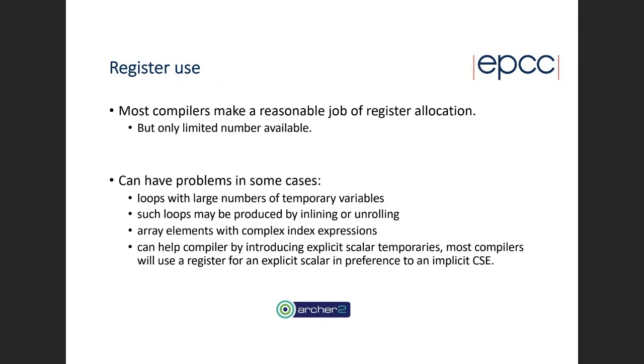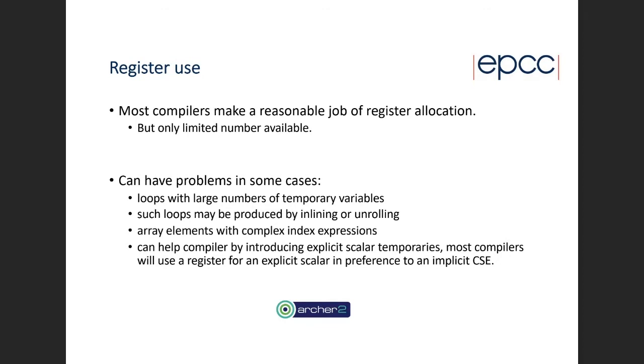Okay, register use. This is getting increasingly less important with modern processors with very large register files. It's still possible that they can run into problems if you have implicitly very large blocks of code, such as loops with very large numbers of temporary variables in them.